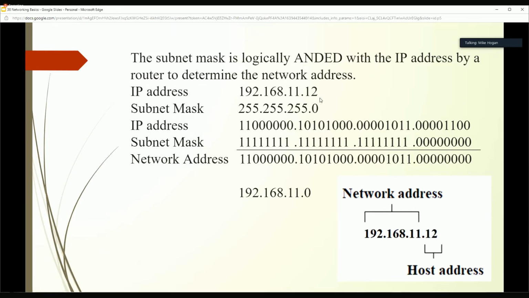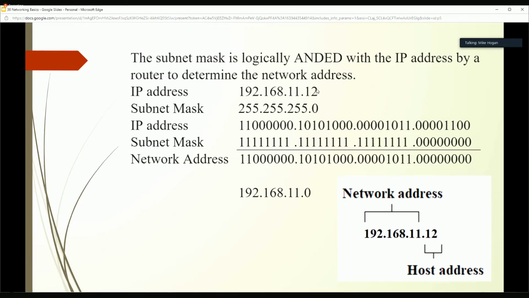I could give you, for example, a subnet mask of 255.255.255.240, which would say, okay, I want the first 4 bits of this last octet to also represent the network.